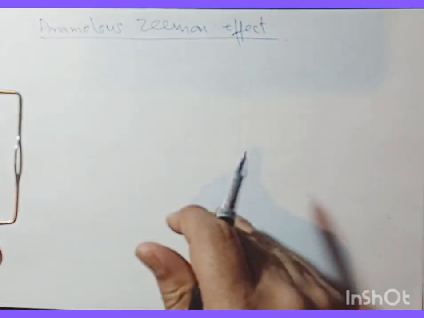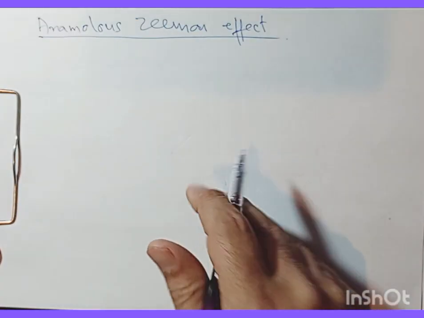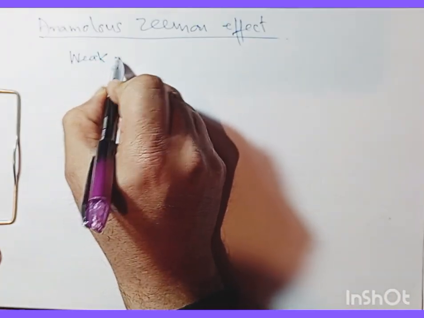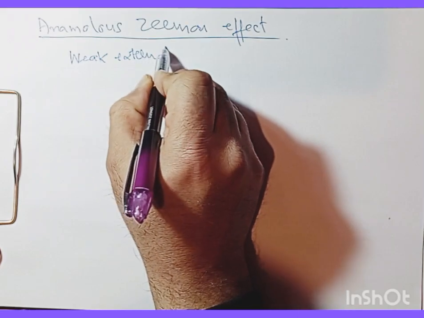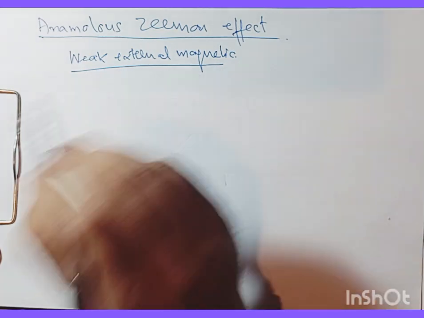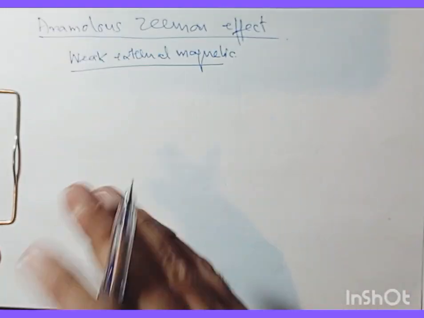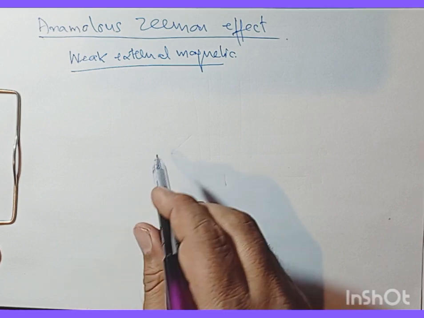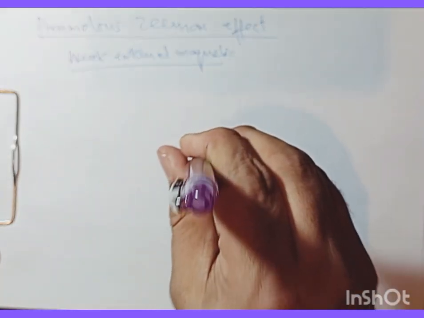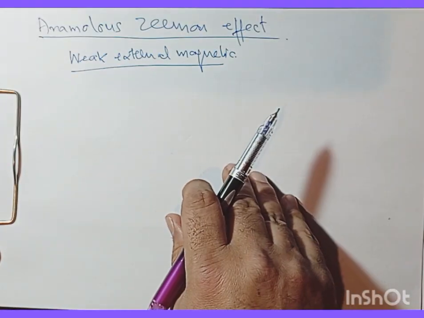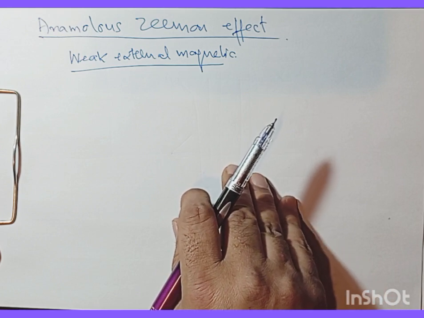This splitting of spectral lines on applying a weak external magnetic field is called the anomalous Zeeman effect. So in the perpendicular direction we have more than three components, and in the direction parallel to the magnetic field, we have more than two components.